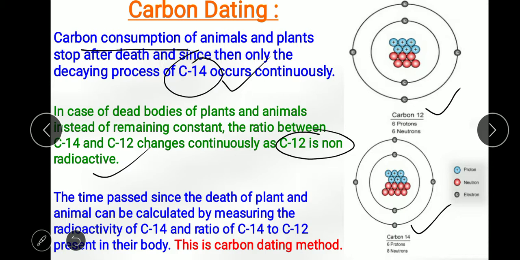With the help of this we come to know about the past ancestors of the present living organisms in our ecosystem. Let us continue with the next.